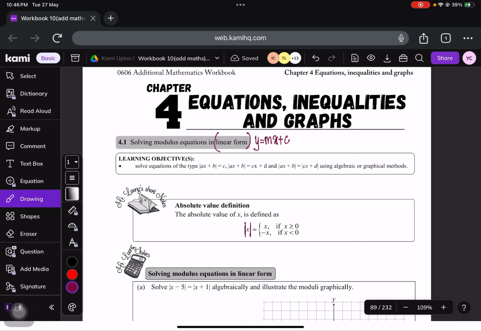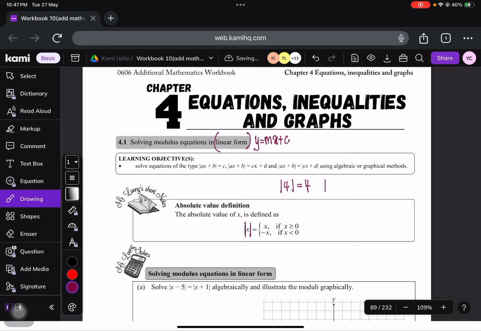So today we are looking at the modulus of x. What it means is that modulus makes any number inside, positive or negative, come out as positive. For example, if I have modulus of 4, it will give me 4.